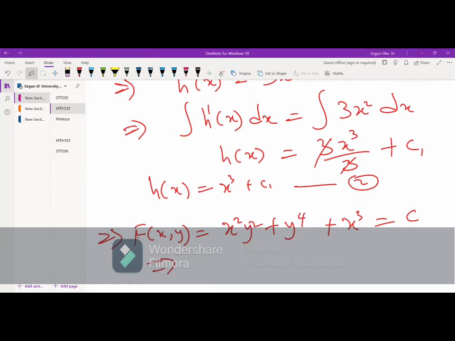So which implies x squared y squared plus y to the power 4 plus x cubed equals to c. Any question?